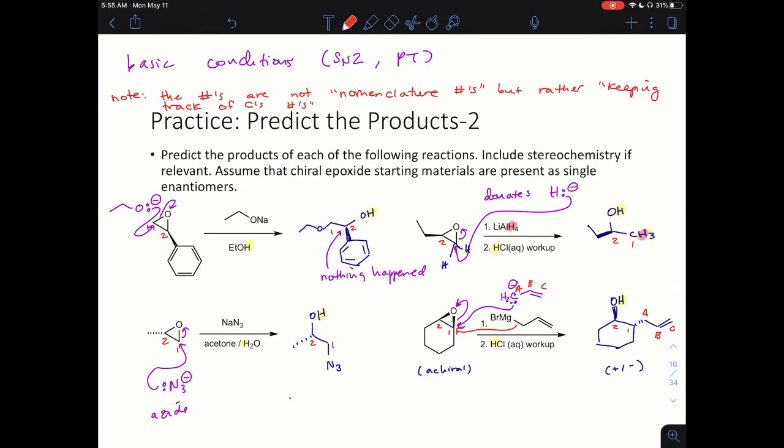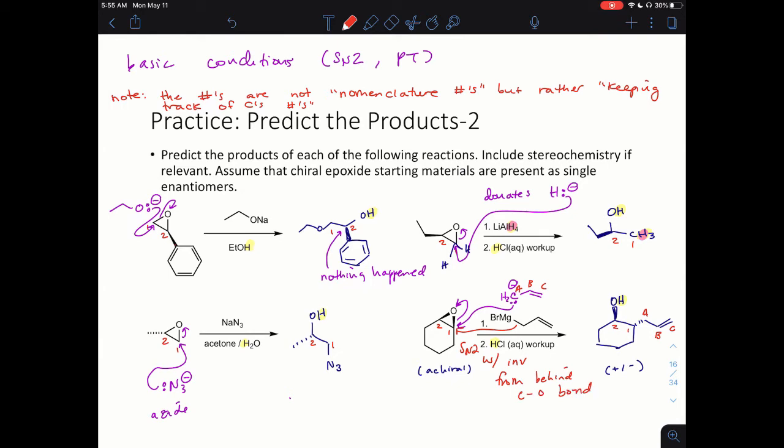But either way, we have this SN2 reaction to end up with this trans relationship here between the two bonds, the one that we made between carbon 1 and the Grignard, and the remaining carbon-oxygen bond from the epoxide. And that's because this SN2 attack will go with inversion. It does happen from behind the carbon-oxygen bond.